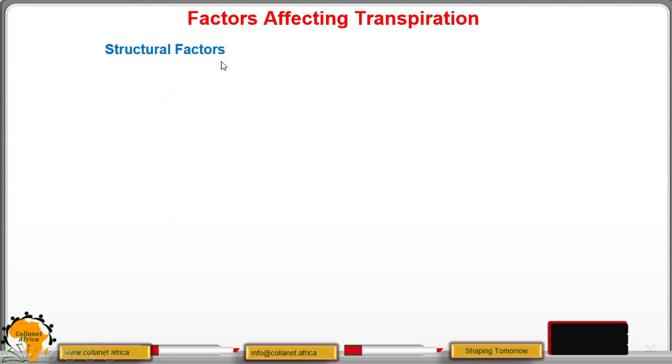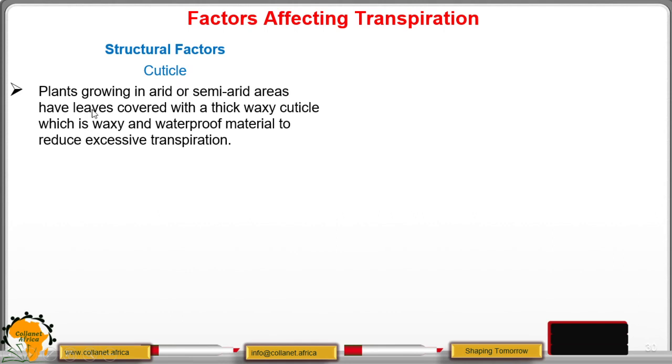So we want to look at the structural factors affecting transpiration. They include the cuticle. Plants growing in arid or semi-arid areas have leaves covered with a thick waxy cuticle that is waterproof to reduce excessive transpiration. Such plants include the sisal, cactus, and aloe vera.